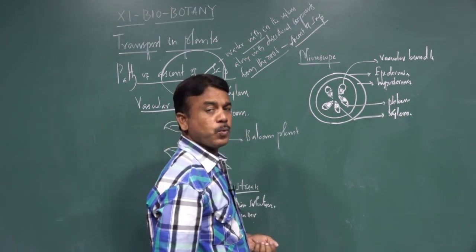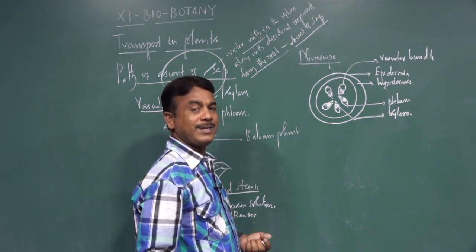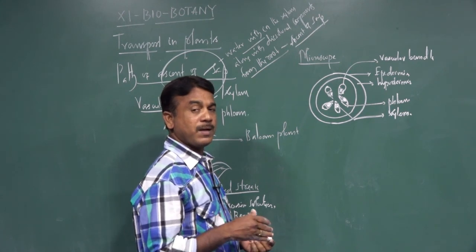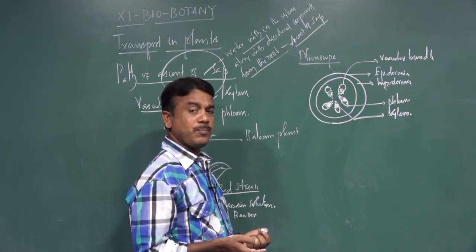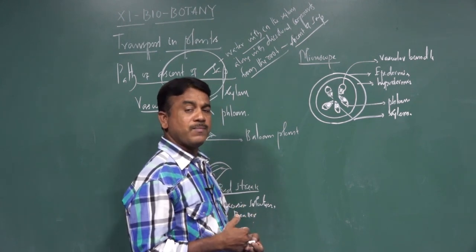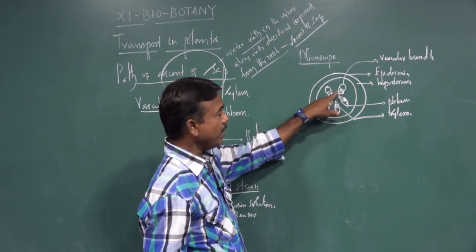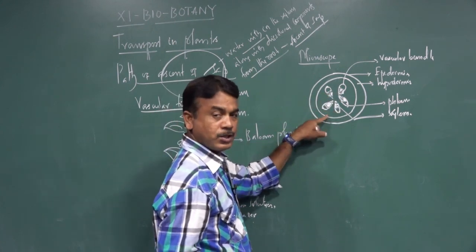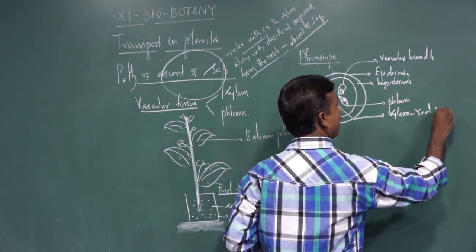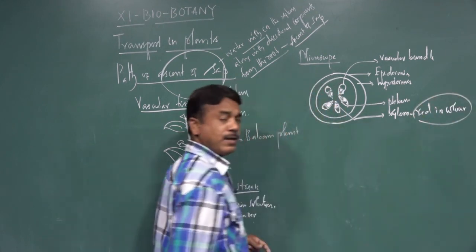How do you prove that xylem is responsible for the ascent of sap? That is the experiment. When you take the balsam plant away from the eosin solution, take a cross section and keep it under the microscope, you observe that only the xylem area turns red in color. Why?